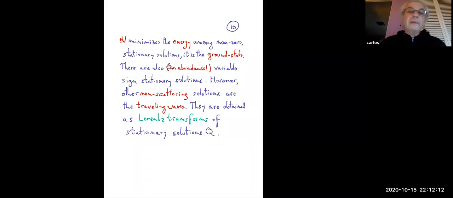Now, there are many other solutions of the elliptic problem that have been found by many people. I mean, the first instance was a work of Ding, but there's an abundance of variable sign stationary solutions, and they have not been categorized or classified.